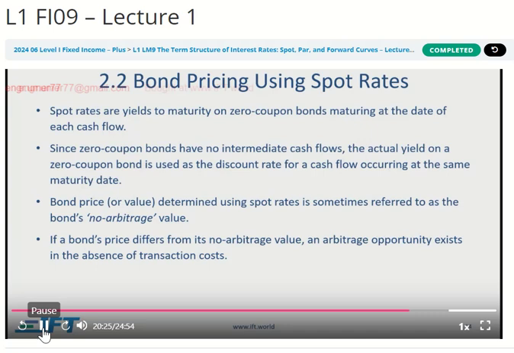Right? Now, once you take that spot rate curve, you could very well calculate the intrinsic value of a maturity, right? Also known as the no arbitrage value. So intrinsic value or the no arbitrage value basically means that that is the value of those future cash flows that you're calculating.